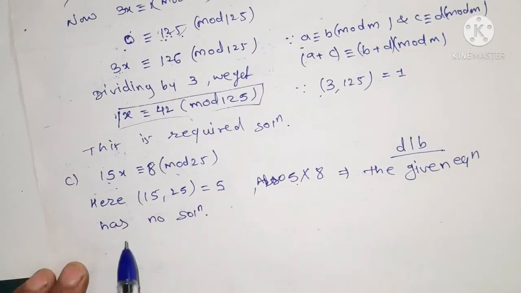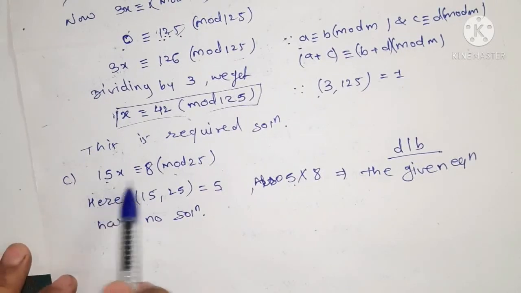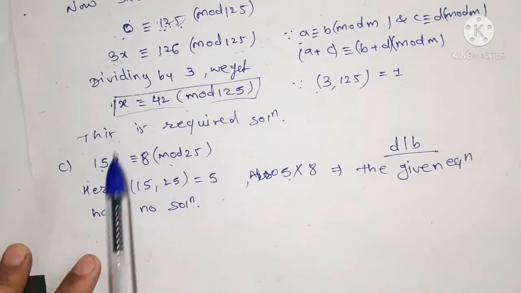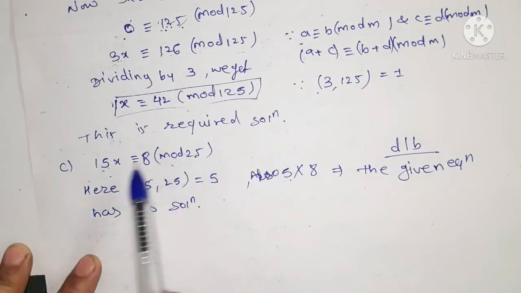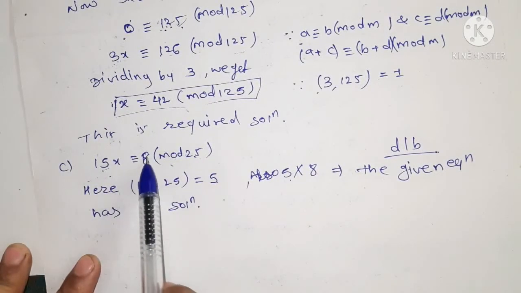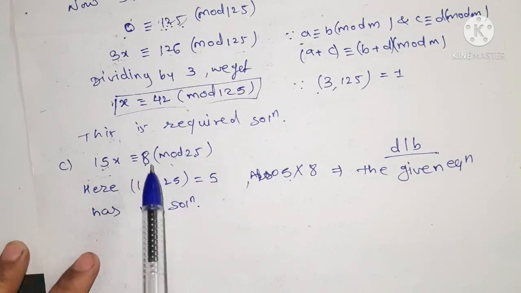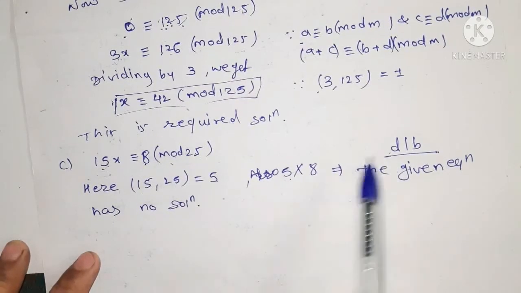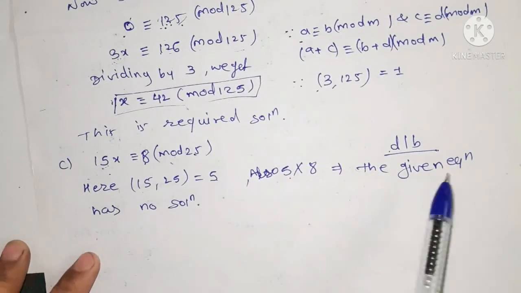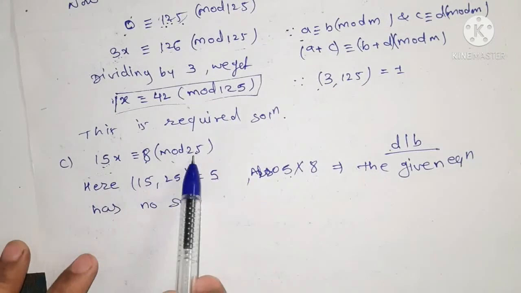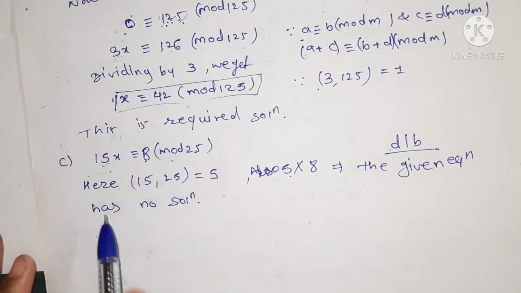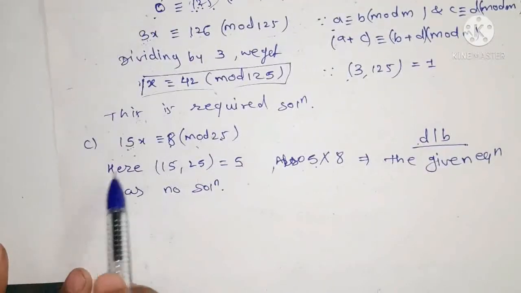So to check whether the given equation has a solution or not, we first have to find the GCD, and if this GCD divides B, then the number of solutions is exactly equal to D. But if it does not divide, then we have no solution for this given congruence. So our example C has no solution.